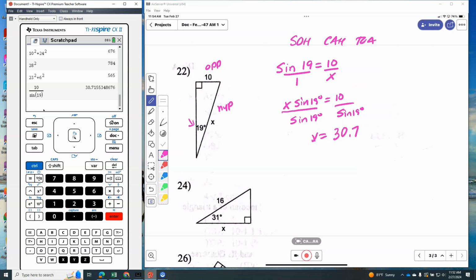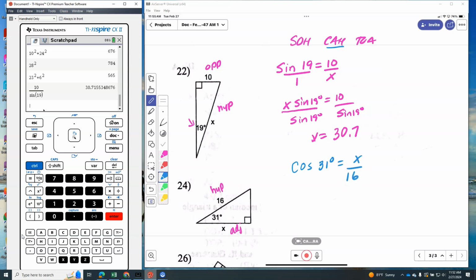So now we're going to do 24, and we have the adjacent, and this is the hypotenuse. So in order for you to solve this, you're going to have to use cosine. So you write cosine of 31 degrees is equal to adjacent, in this case it's x, over 16.